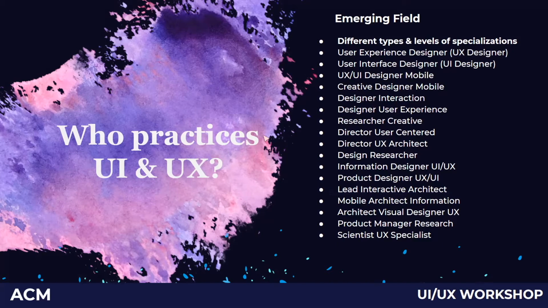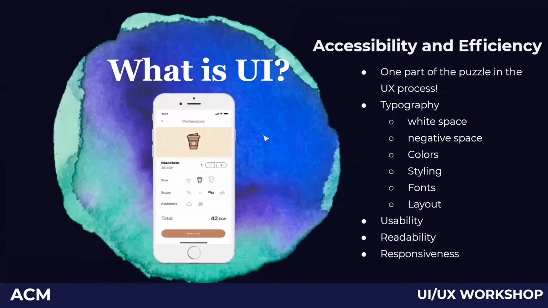Okay, so we'll touch base on the UI first before we go to the whole process of UX and what step the UI is in UX, right? So UI, like I said, is the user interface, and it's all about accessibility and efficiency and just making everything easier for the users of your design, right?